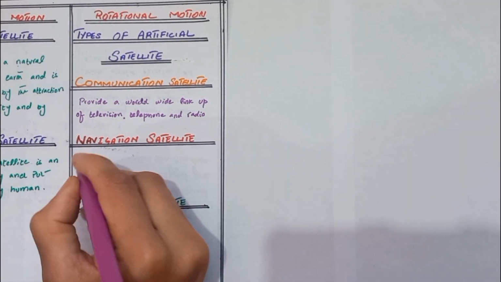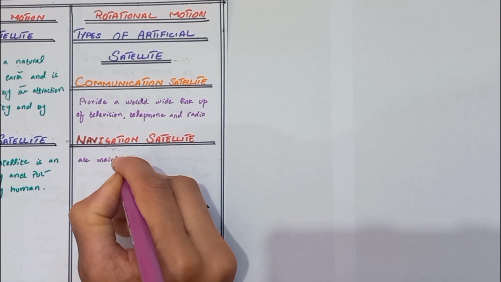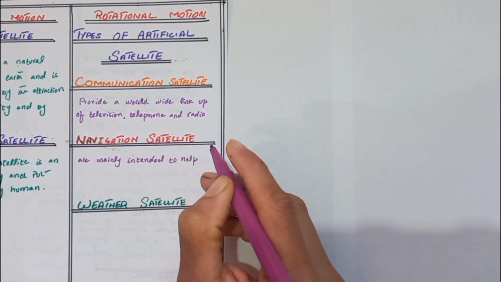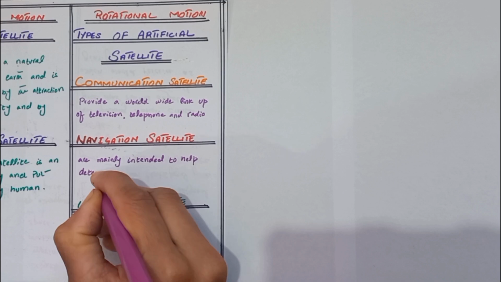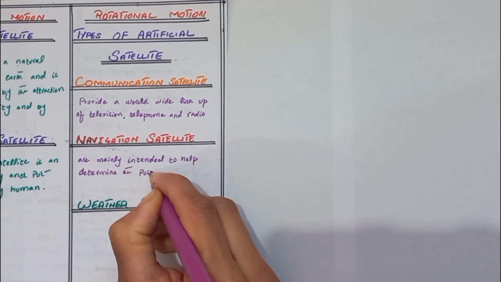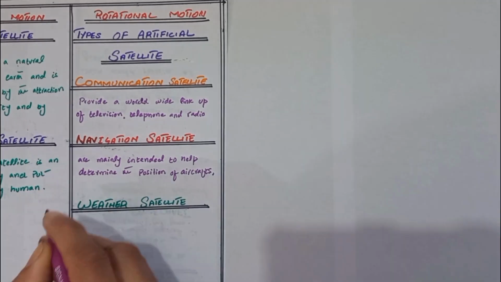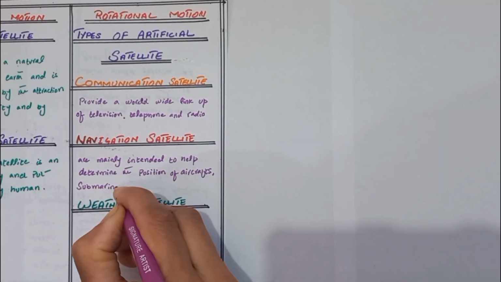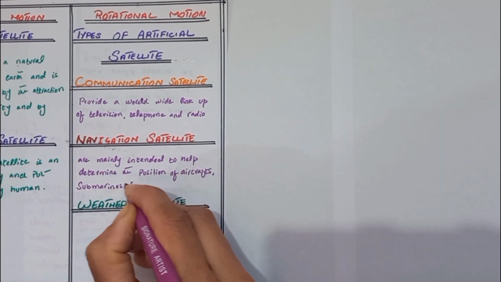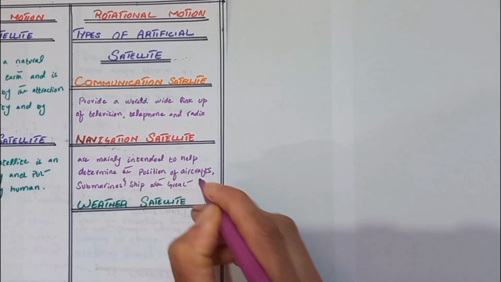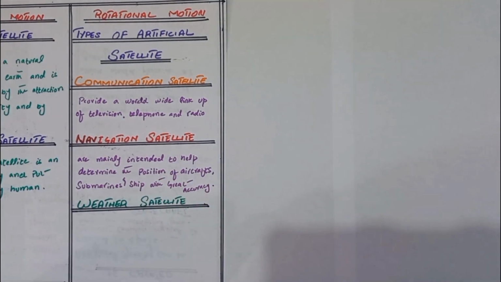Navigation satellites are mainly intended to help determine the position of aircraft, submarines, and ships with great accuracy.